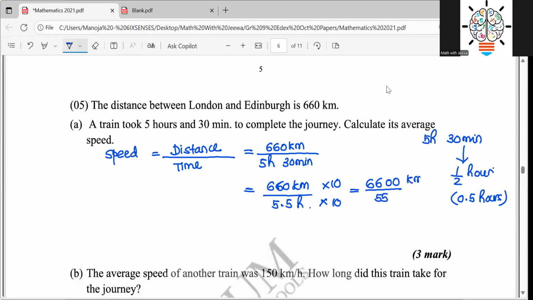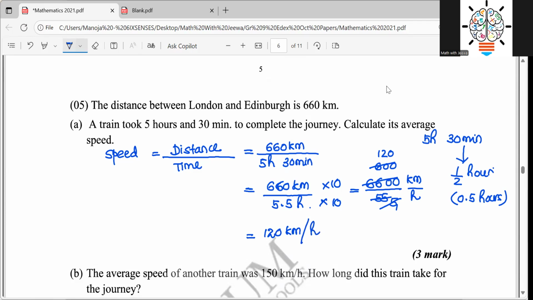Here it is 11 times 6 and 11 times 5. 6,600 divided by 55 gives me 5 times 1, 5 times 2. So we write 120 kilometers per hour.